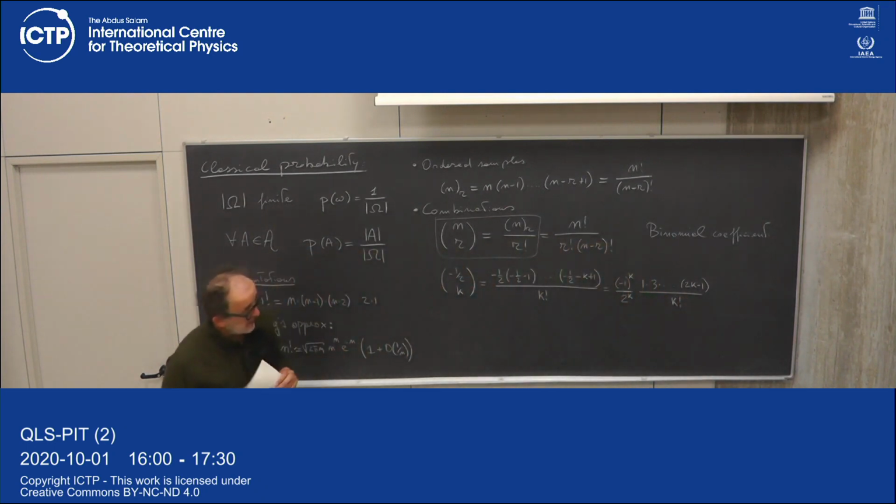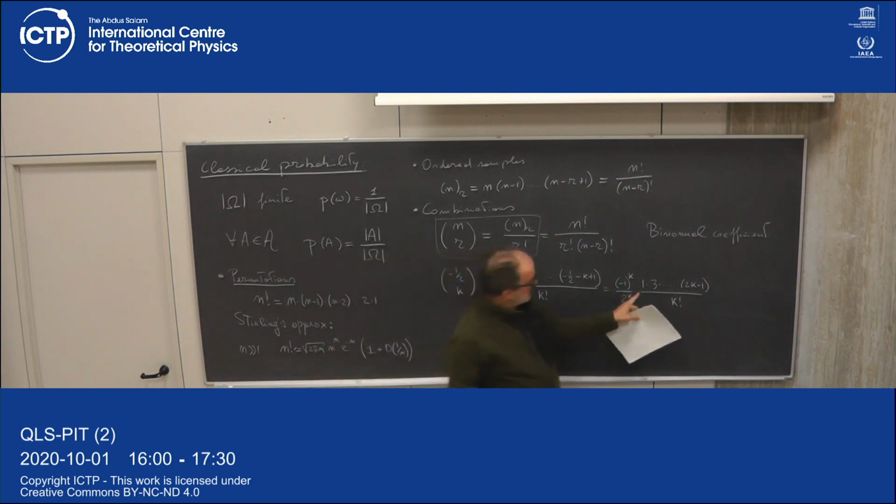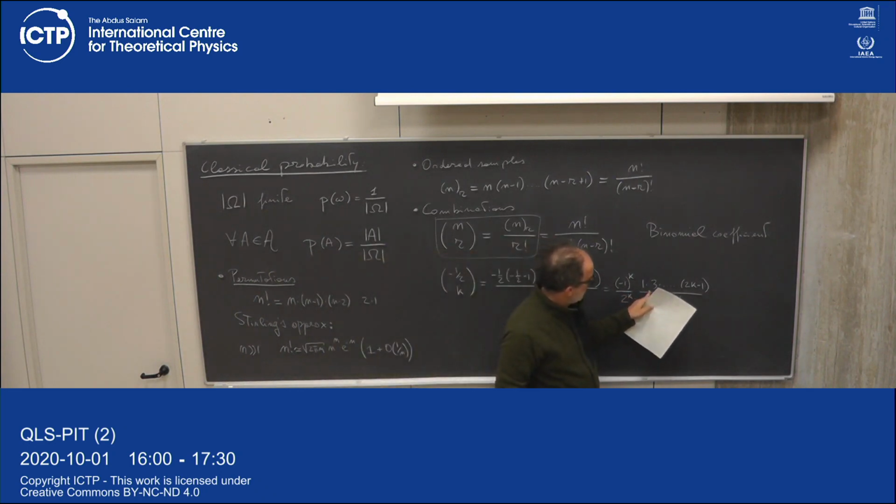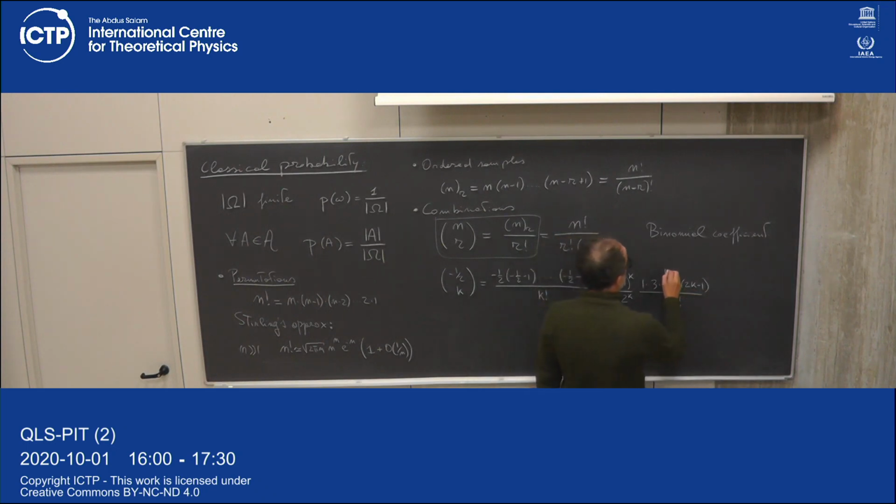Okay, so this is the product of all odd integers up to 2k minus 1. It also has a name. This is called the double factorial, with 2 marks.